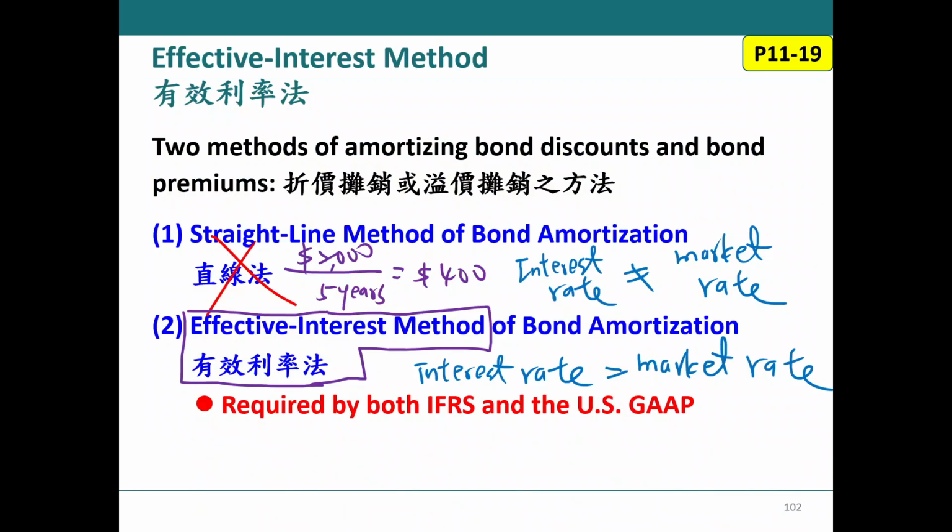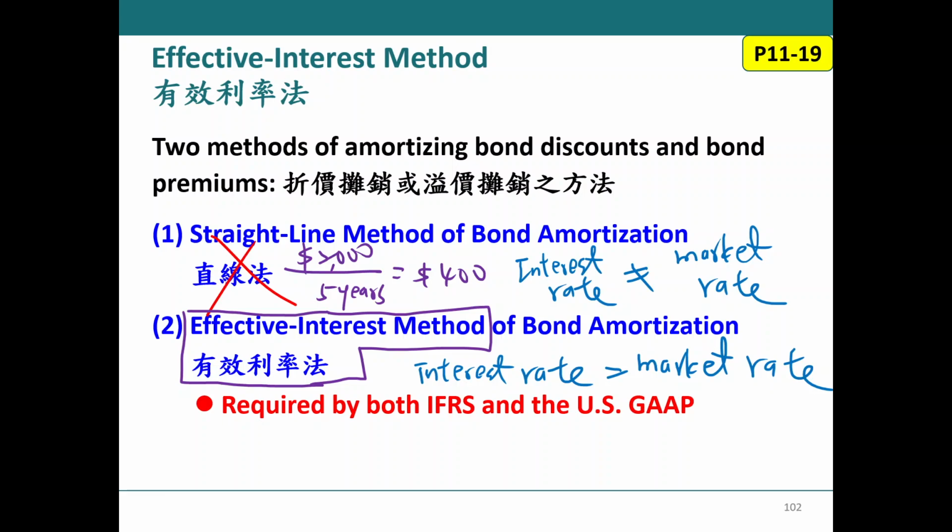Why do we use the second method, the effective interest method, 有效利率法? Because after we finish the table, what's our true cost? Always the market interest rate, because we base on the market interest rate to get a number, okay?